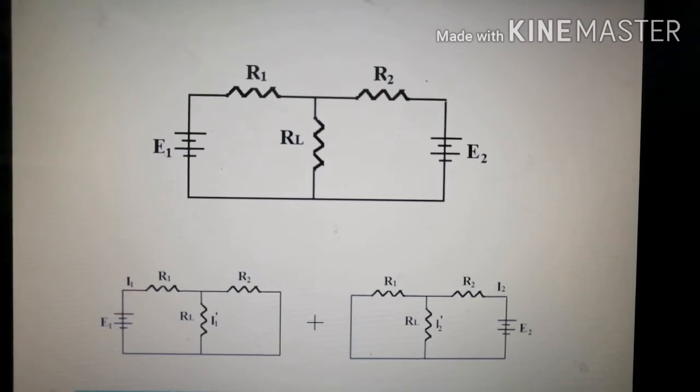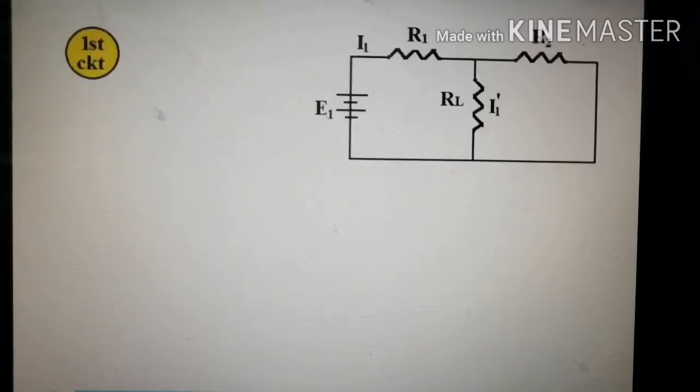See the first circuit very carefully. In this circuit, we are taking E1 as a source, and we replace E2, that is an ideal voltage source, with a short circuit. Is it clear? This is our first circuit in which we take E1 as a single source.